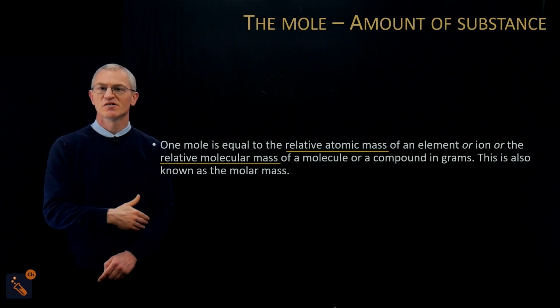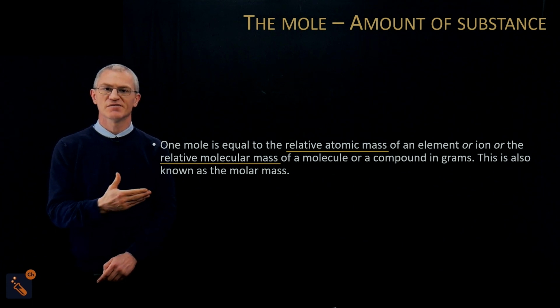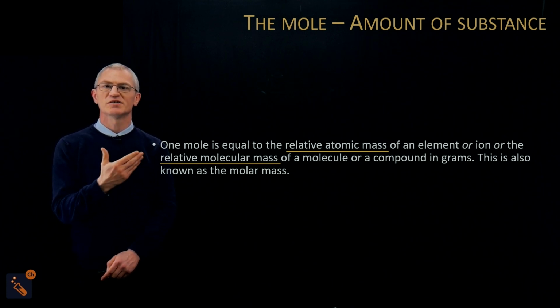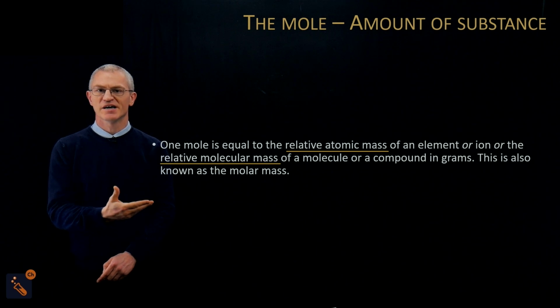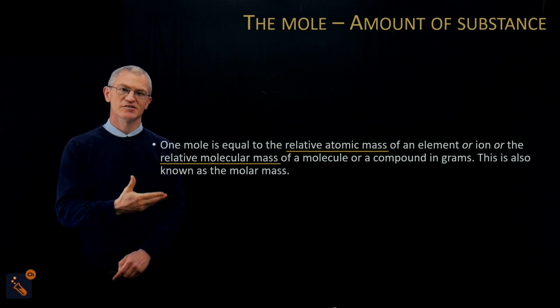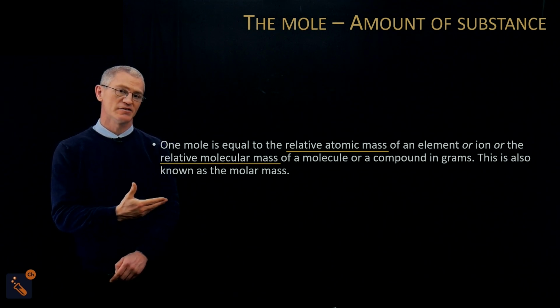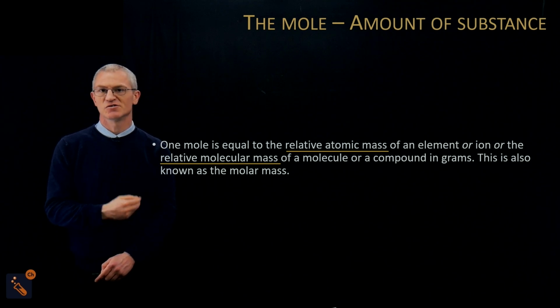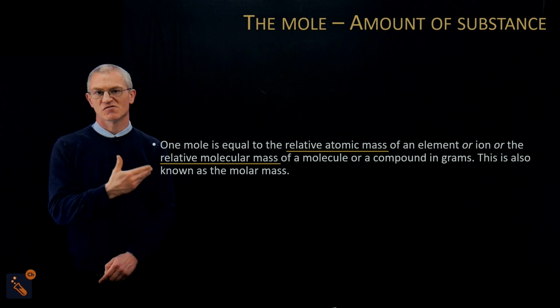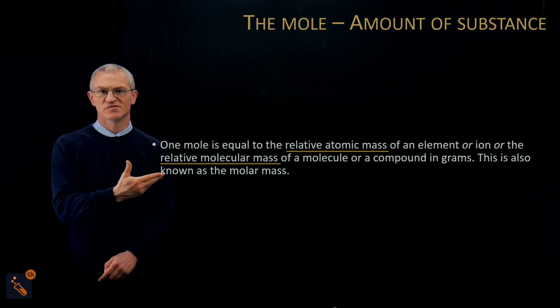For example, lithium has a relative atomic mass of 7, and therefore 1 mole of lithium will be 7 grams in mass. That mass of 1 mole is also known as the molar mass. Sometimes in questions you'll see "give the molar mass", and it just means the mass of the number of moles that you have.